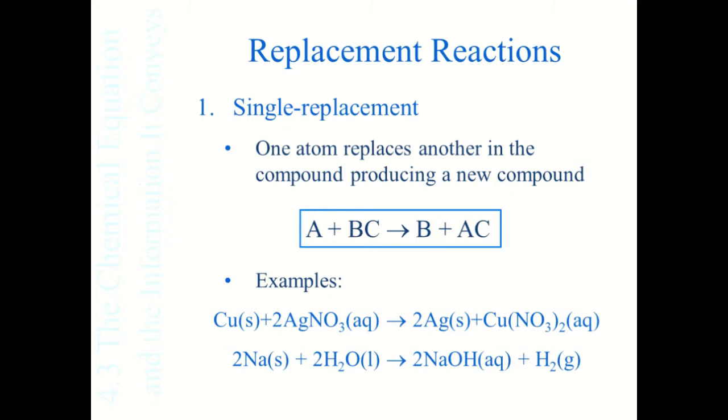So copper is going to replace the silver. If you knew a source of silver nitrate in the earth somewhere, you would make a lot of money, because you could just go to Home Depot, buy some copper wire, throw it in your silver nitrate, and all of a sudden you have pure silver.